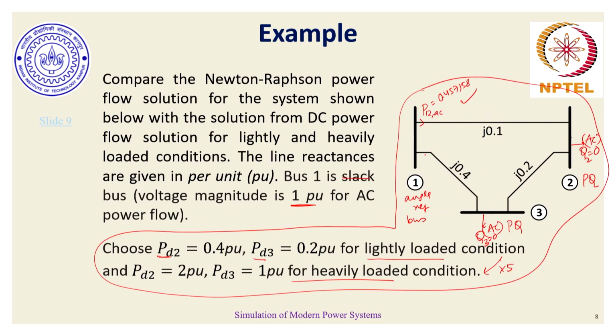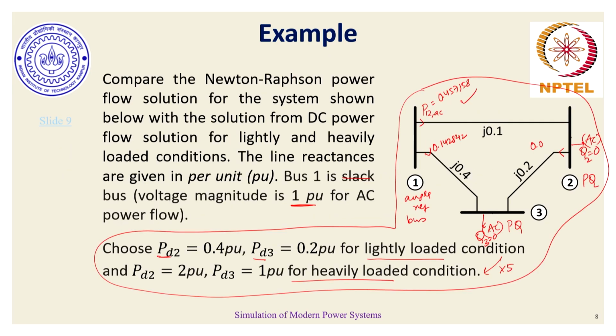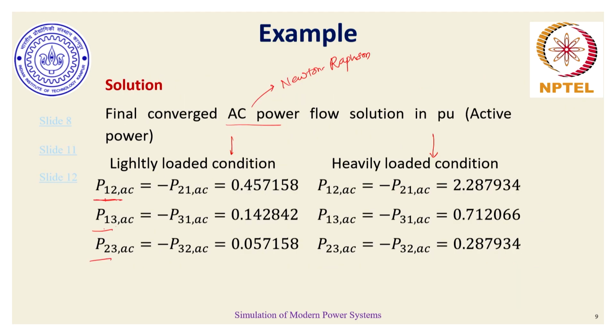So, I have a flow of 0.142842 from this end, and the next flow is from 2 to 3, which is 0.057158. Since the lines do not have resistances, the forward flows and reverse flows match each other in quantum; only the sign differs.